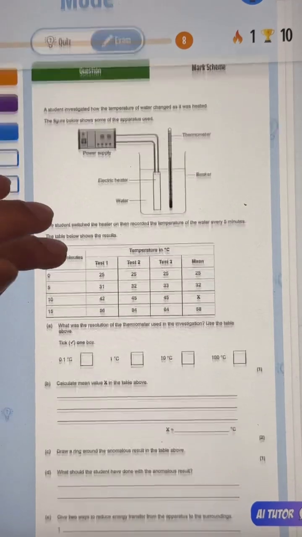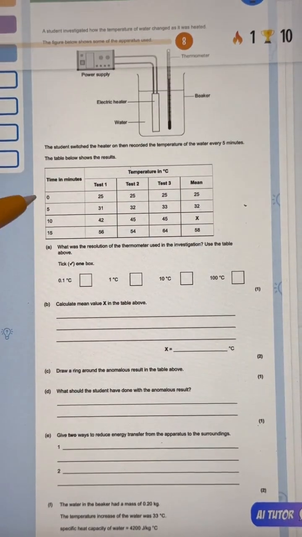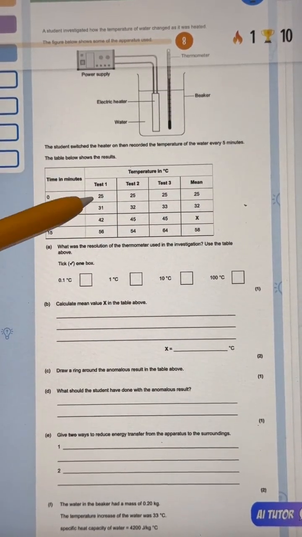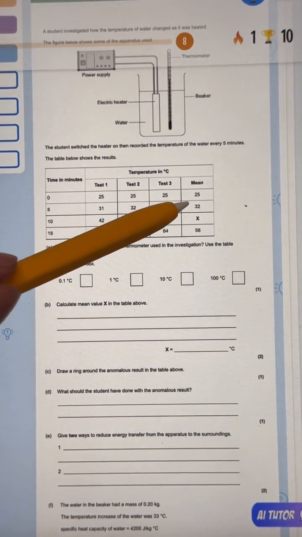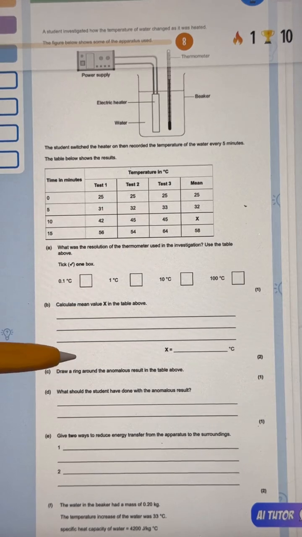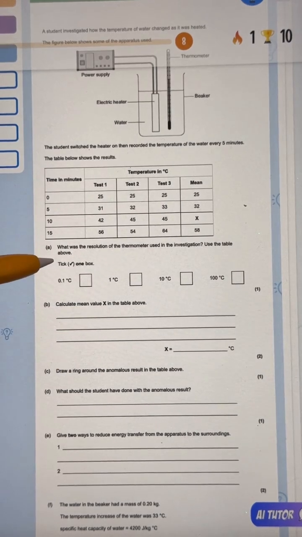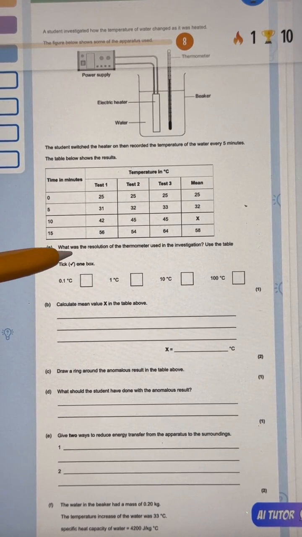The table below shows the results. So you can see the time recorded every 5 minutes, along with the several repeated tests they've done, and then a calculated mean of the temperature in degrees C. The first question asks, what was the resolution of the thermometer used in the investigation, based on the table above?